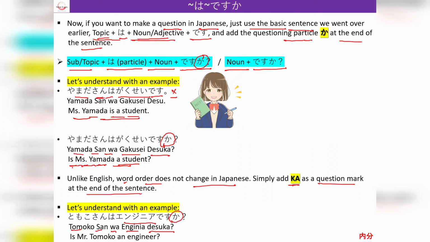So our question will be: is Mr. Tomoko an engineer? If we remove the ka, then it will become: Mr. Tomoko is an engineer. So just to make it a question sentence, we add ka at the end.